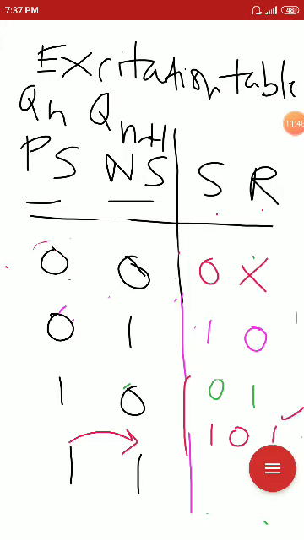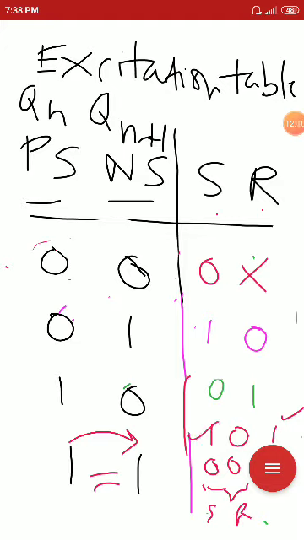That is possible. Now the next possibility is no change, so the next possible case is 0 0. If the present state is 1 and the inputs of SR are 0 0, then there is no change.